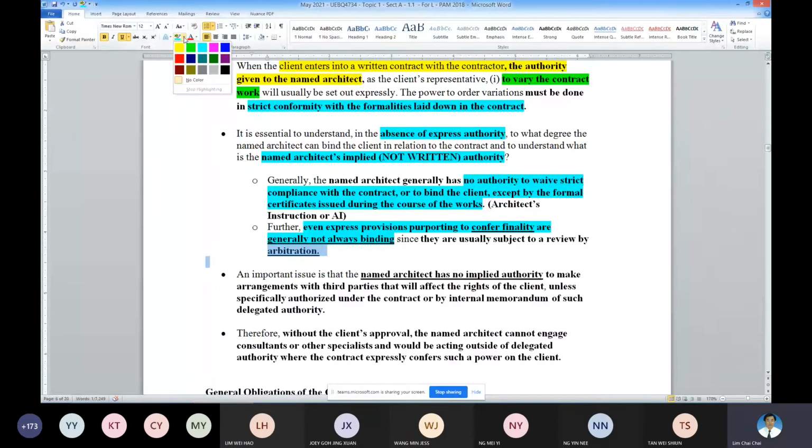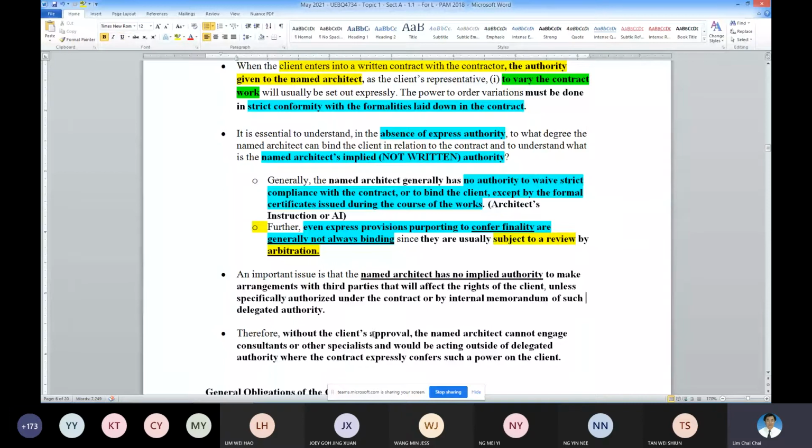Because under the arbitration clause, any decision made by the architect is subject to review by the arbitrator. That means if challenged by the contractor in terms of the architect's interpretation, the arbitrator will come in to review the dispute. So even if the architect says this is final, under the contract, if there's an arbitration clause, nothing is final until the arbitrator says so. This is an important point for you to think about.